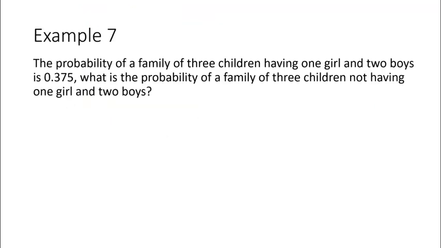So example 7. The probability of a family of 3 children having one girl and 2 boys is 0.375. What is the probability that the family does not have that?